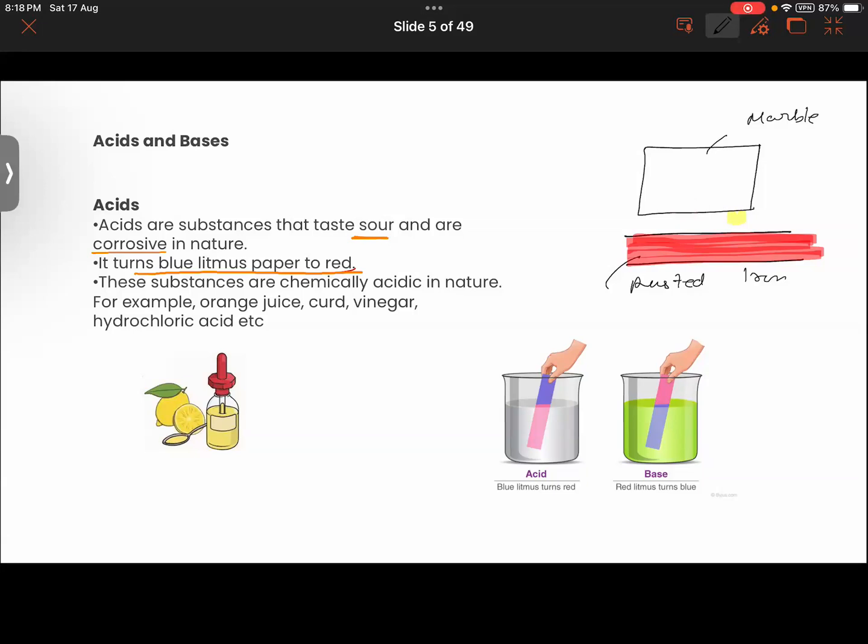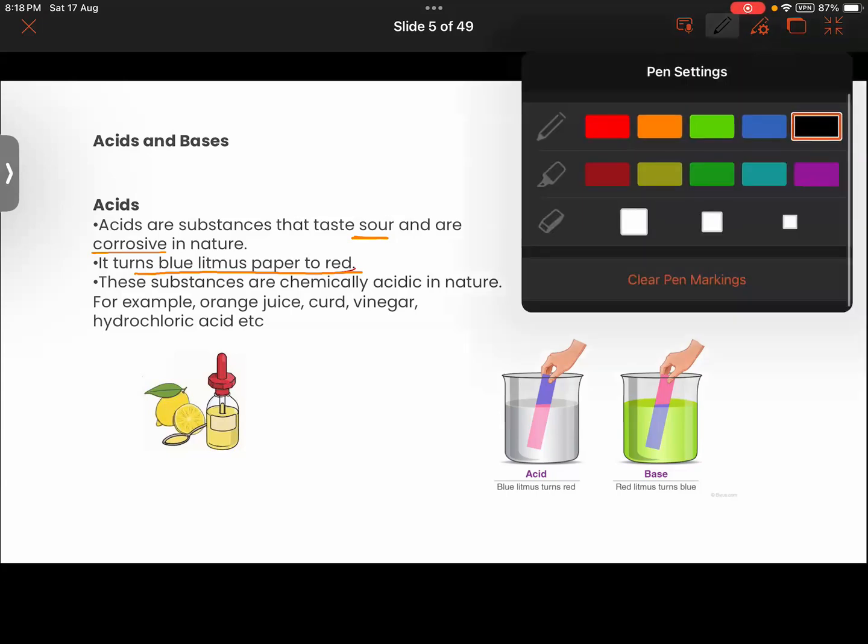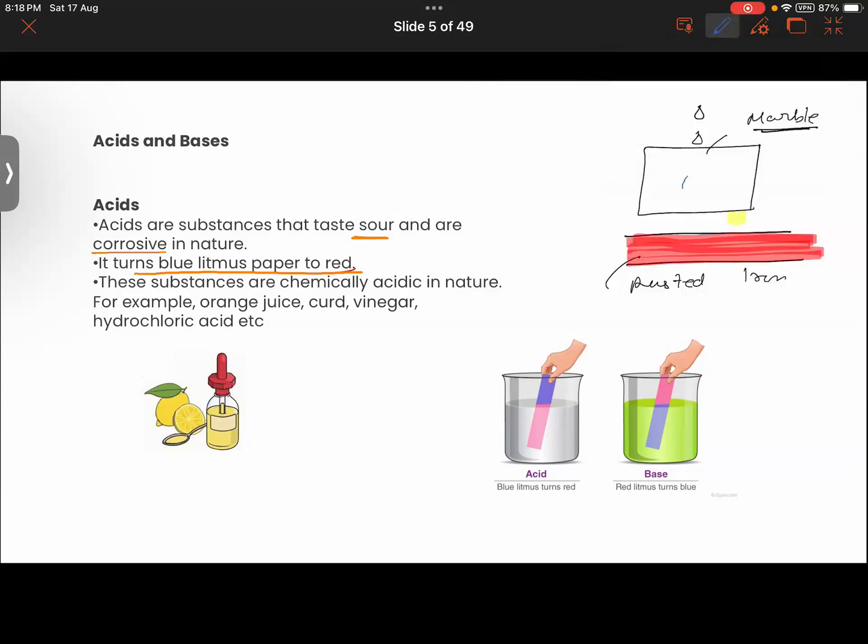So if you were to drop a few acids on a marble sheet, you would have observed that bubbles or fumes start to form over the place where the acid has fallen. So basically, what is happening is that the acid starts to eat and damage the surface where it falls.